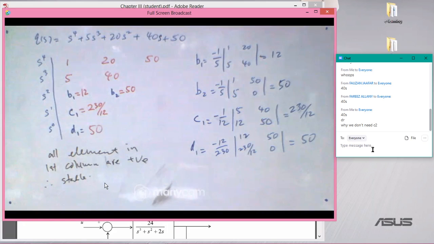Do you have any question? Why don't we need C2? All right, if it makes you feel any better, you can compute C2.